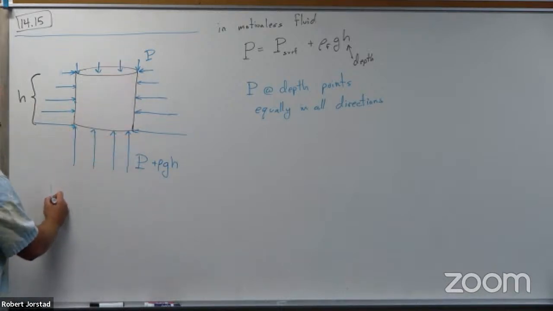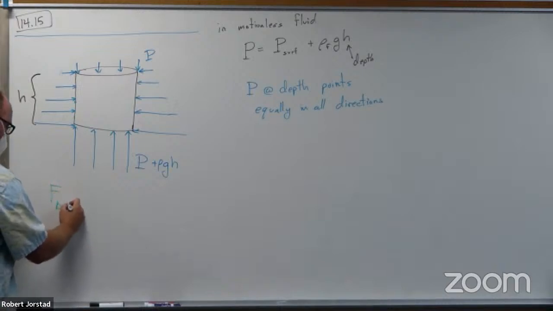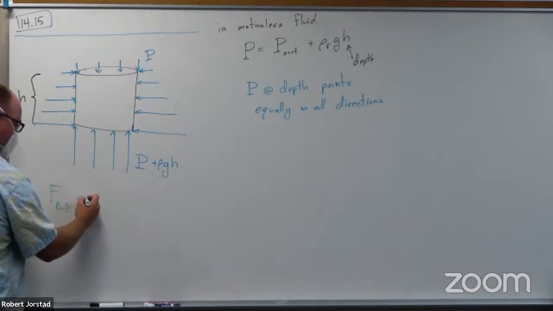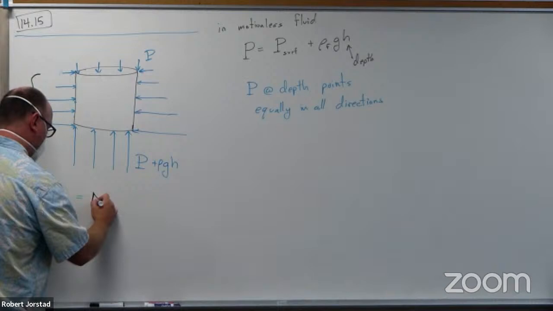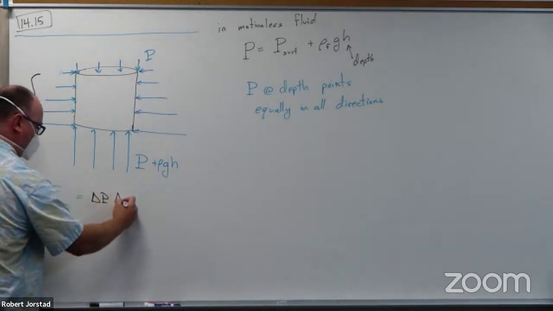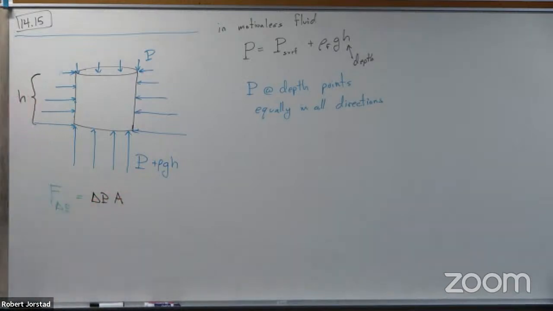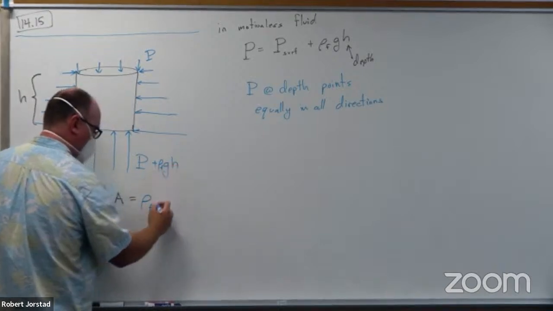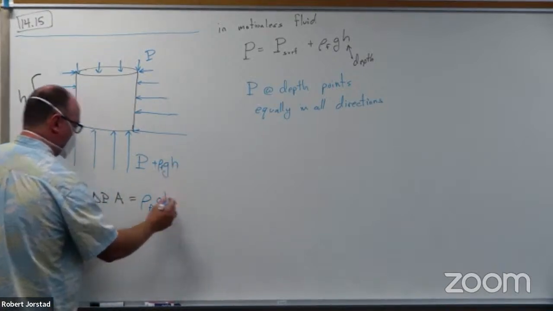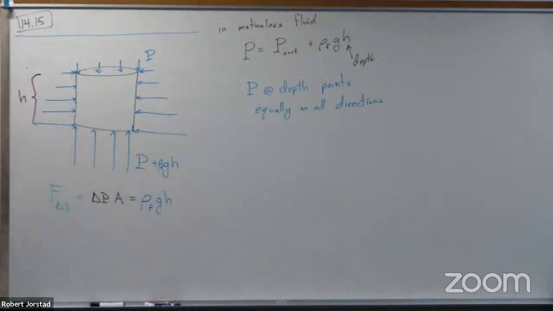Well, the force associated with that pressure differential, the difference in pressure is rho gh, and then I times it by the area. Well, in this case, delta P, we said, is rho gh, and that's rho of the fluid, not the object. h is the depth, in this case, equal to the height of the object.